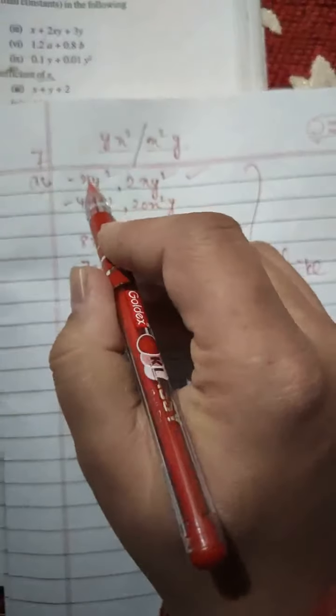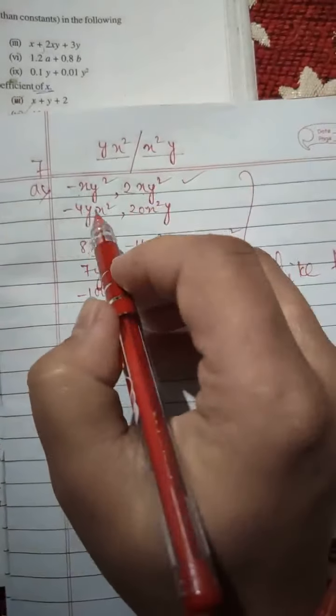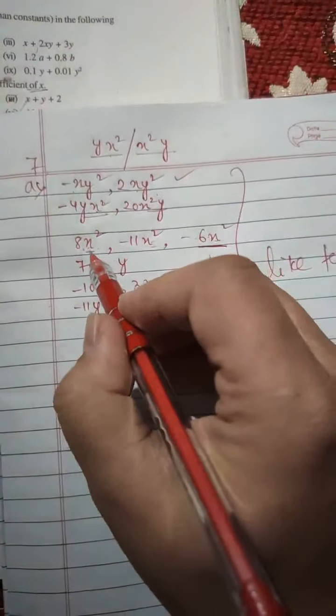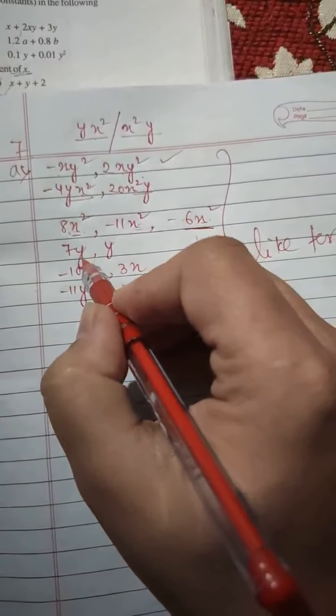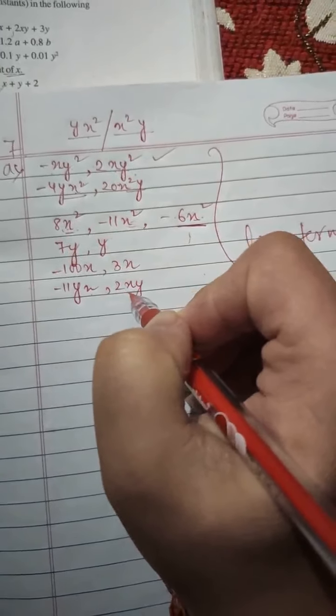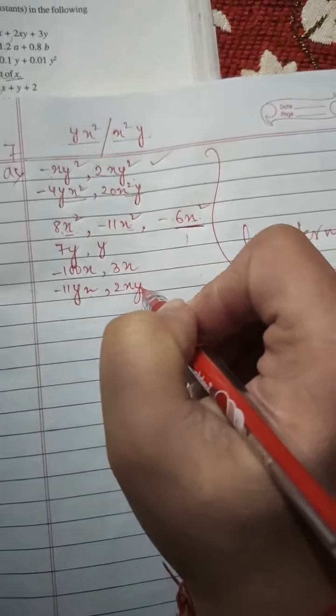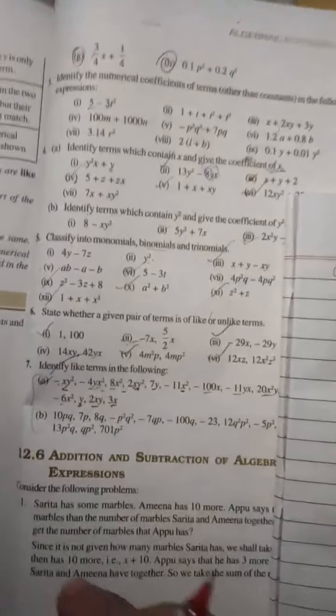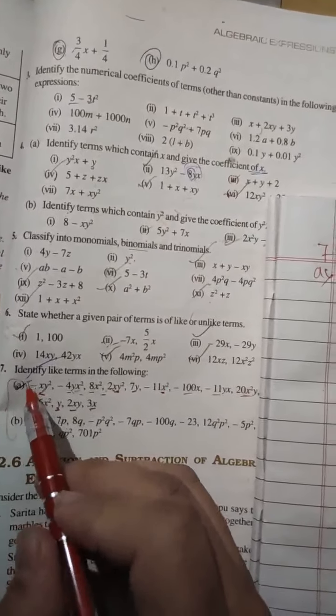Just see the variables: xy square, they match. x square y, they match. So they are like terms. x square y, yx or xy, they are considered like terms. So with this we are over with part A of 7.